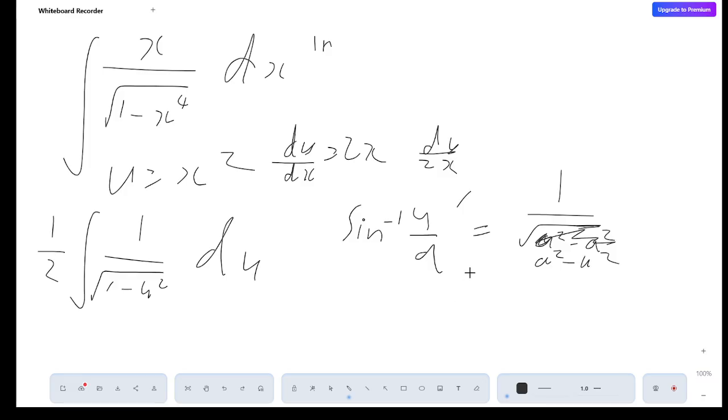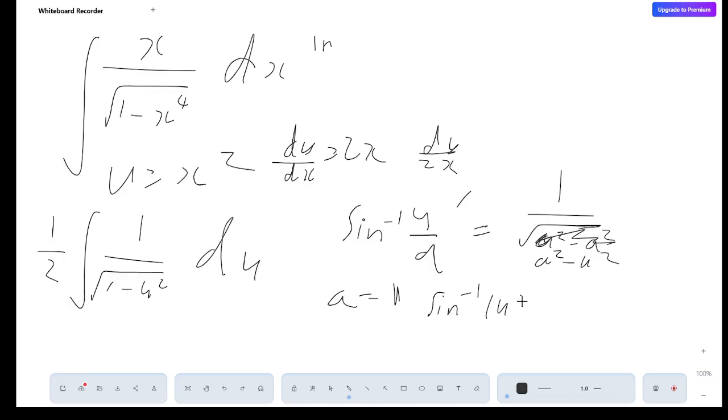If you ever forget which one's the a squared and which one's the u squared, you can simply look back at your substitution. You're trying to match what you differentiated, right? So a will just equal 1. And since we found a equals 1, this matches whatever we had, this is simply just sine inverse u.